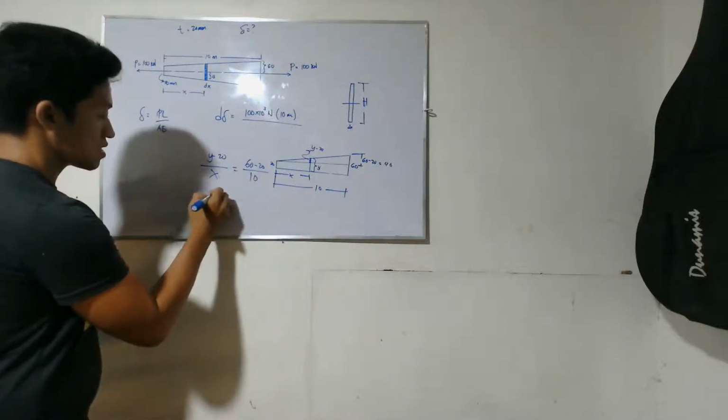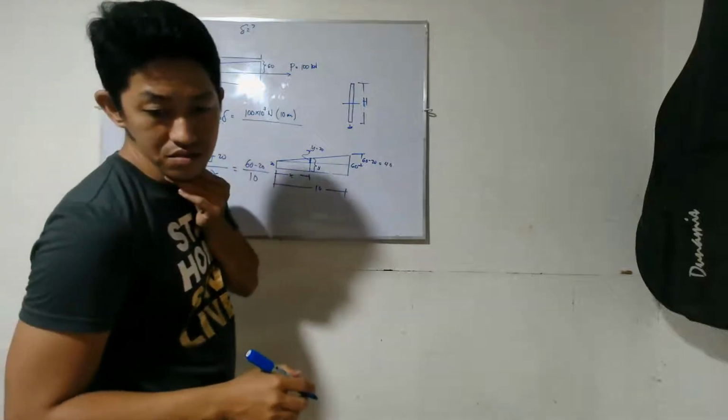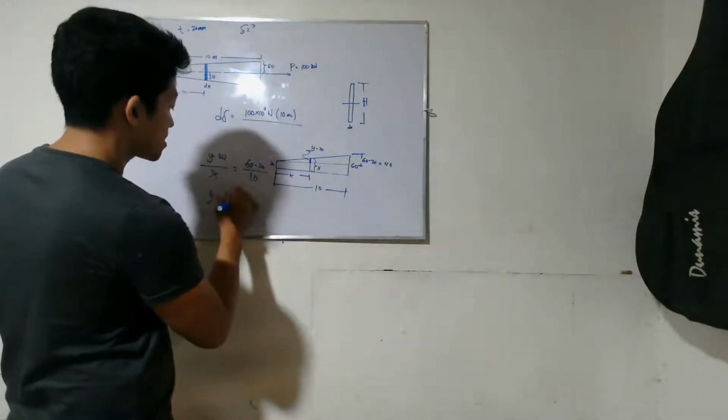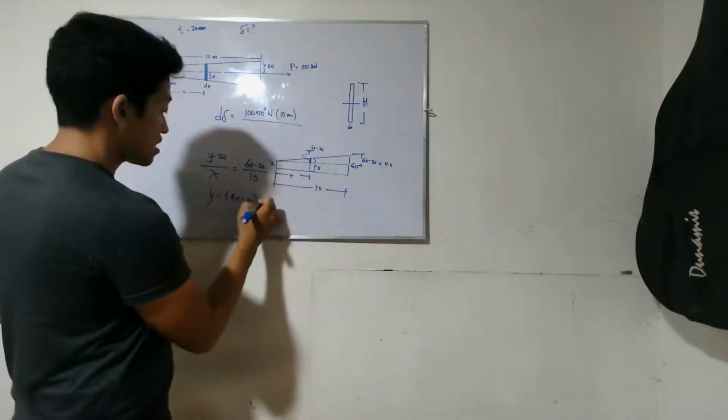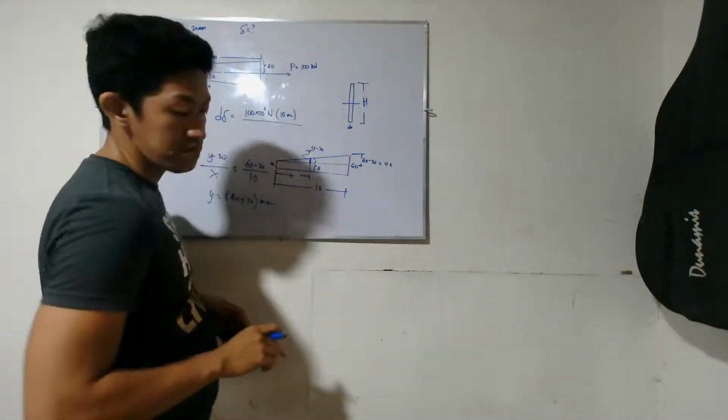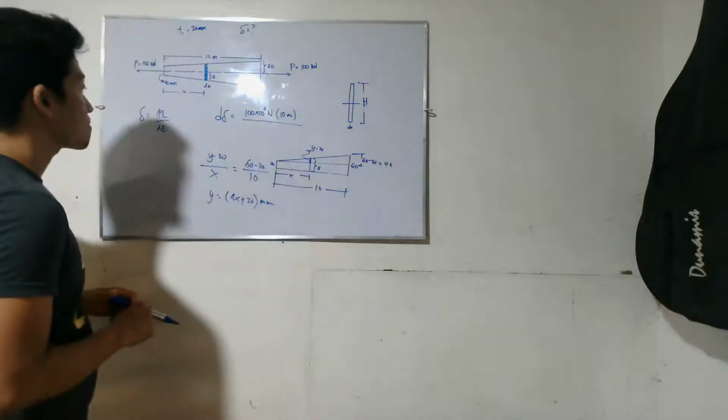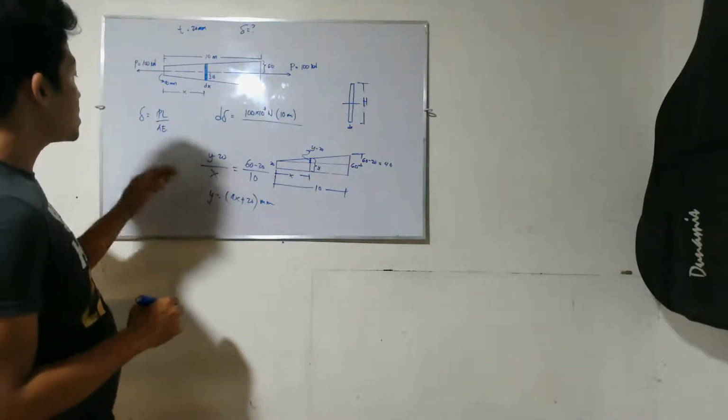Therefore, y is 4x plus 20. The unit is millimeters. Okay?